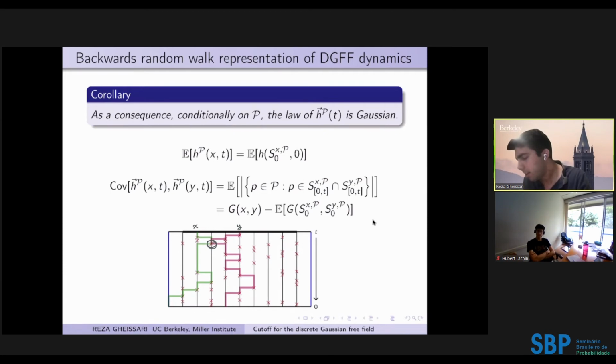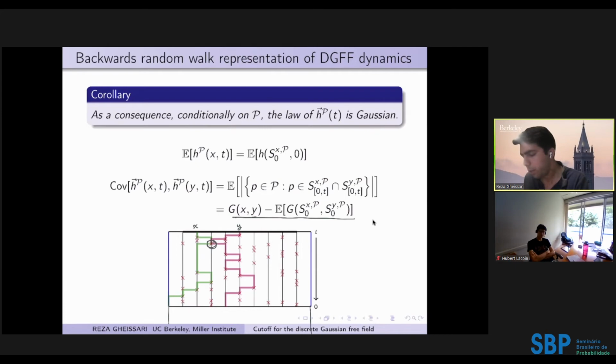Now, one can see with a little thought that if I extended this process down to minus infinity, because of stationarity of the Gaussian free field measure, this limit covariance has to be the Green's function, so the covariance of the Gaussian free field itself. By that calculation, we can give another form of the covariance, which is always smaller than the Green's function.